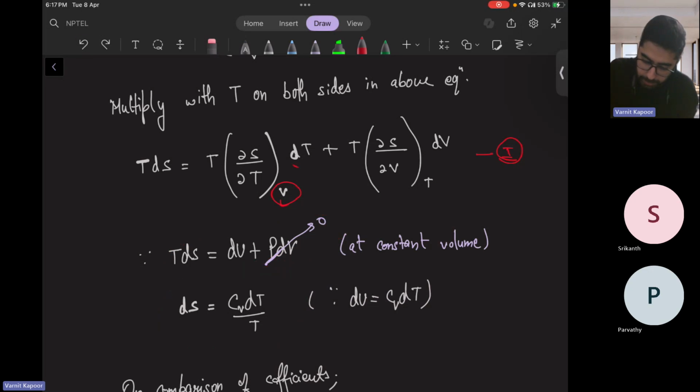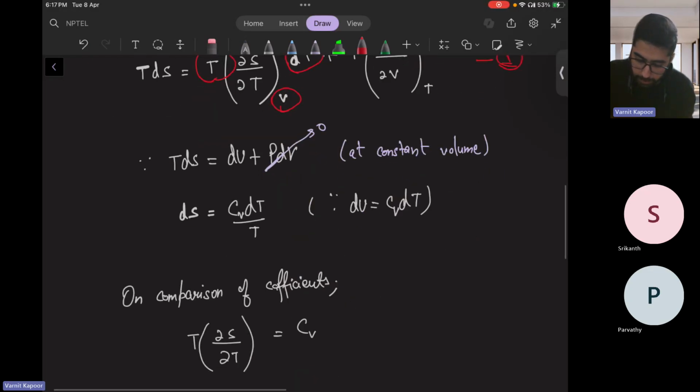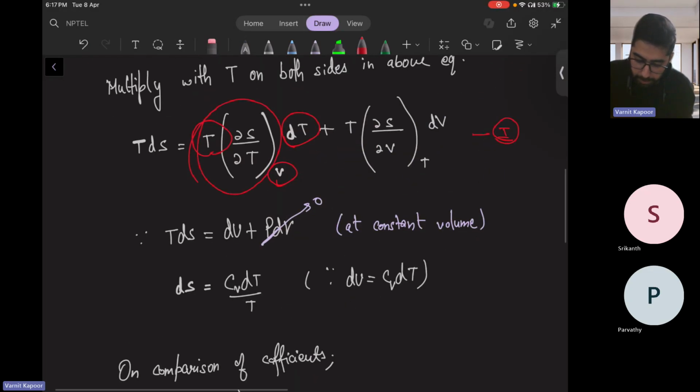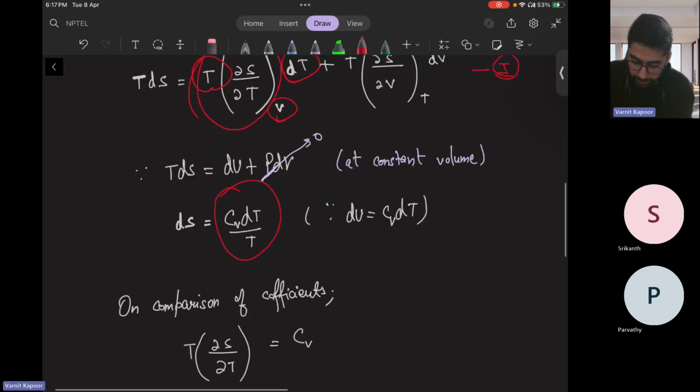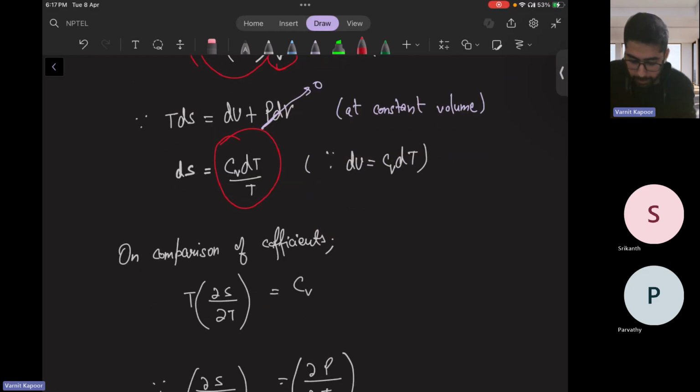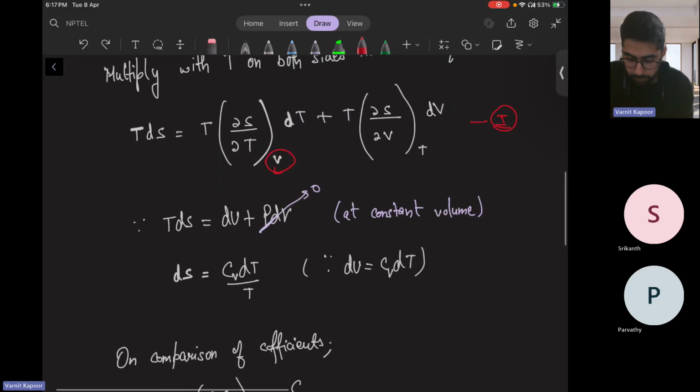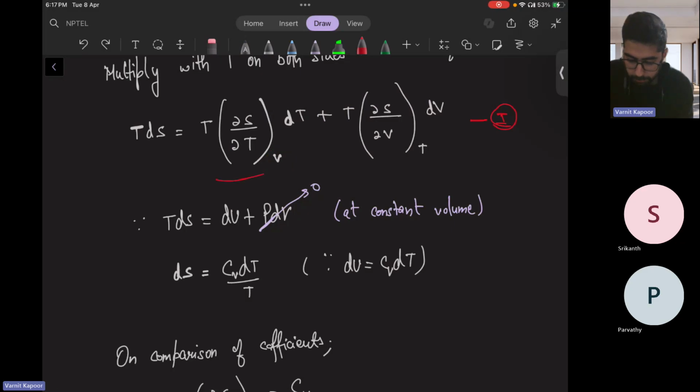If you compare this value to this, that is Cv by T, the value is equal to Cv itself. So you got the first coefficient at constant volume in terms of Cv.